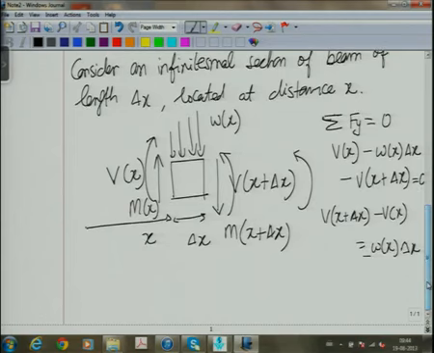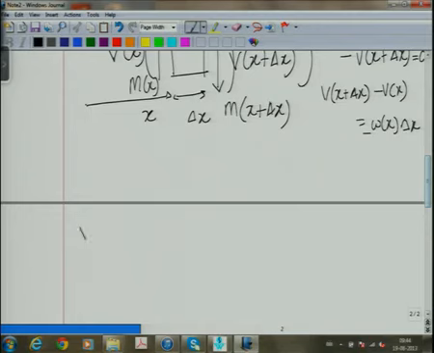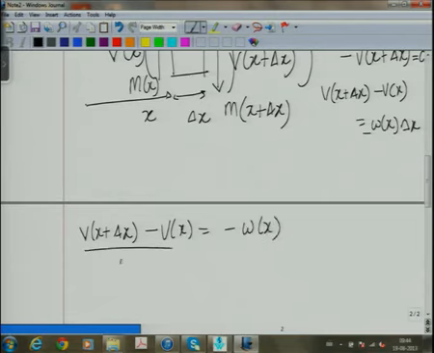And if I write this clearly, so let me go to the next page, I will write these equations there. So what I will get is V of x plus delta x minus V of x is equal to, and what is the next step I am going to do? Limit delta x going to 0.